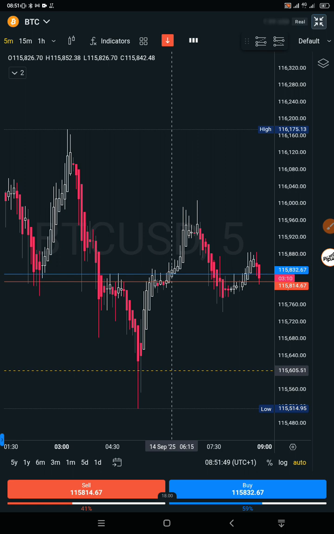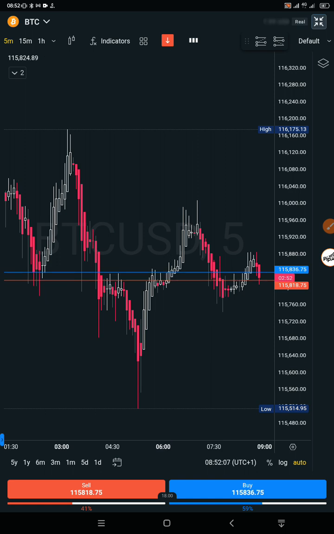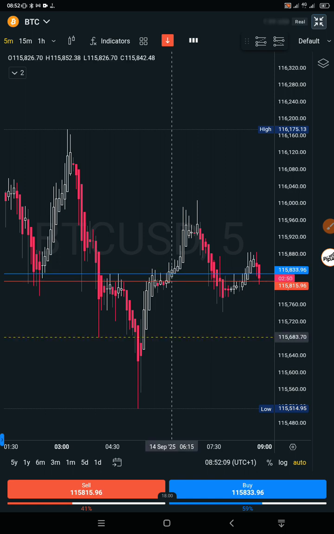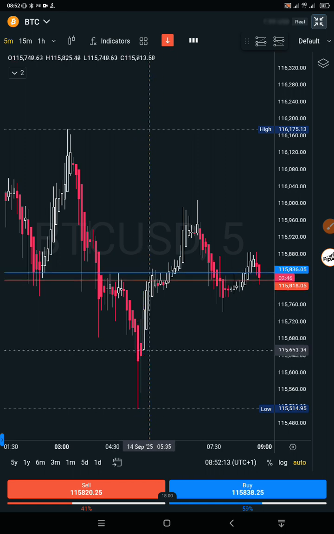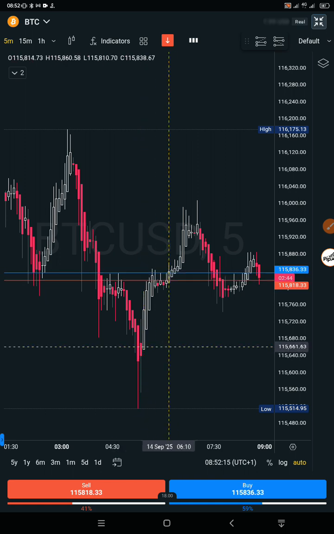Now, one of the ways of distinguishing bullish candles from bearish candles in the Heikin Ashi is for you to look at the coloring, but apart from that, there's something apart from coloring. Usually for bullish candles, you see that there's always a tail at the top. Bullish candles always have a tail at the top.